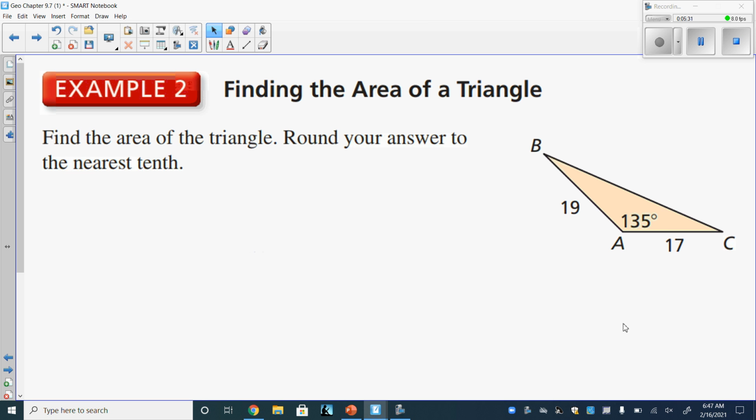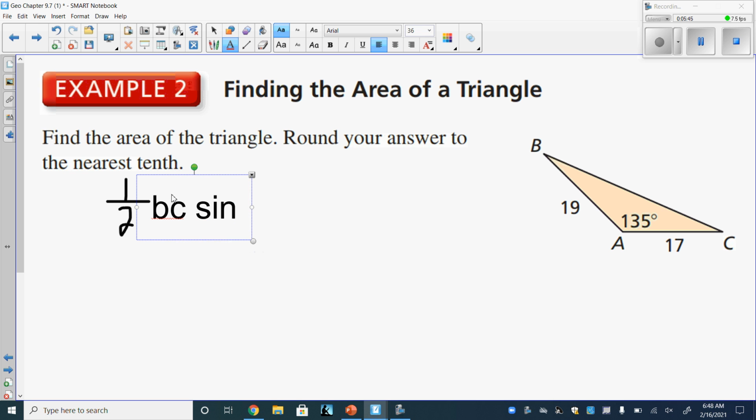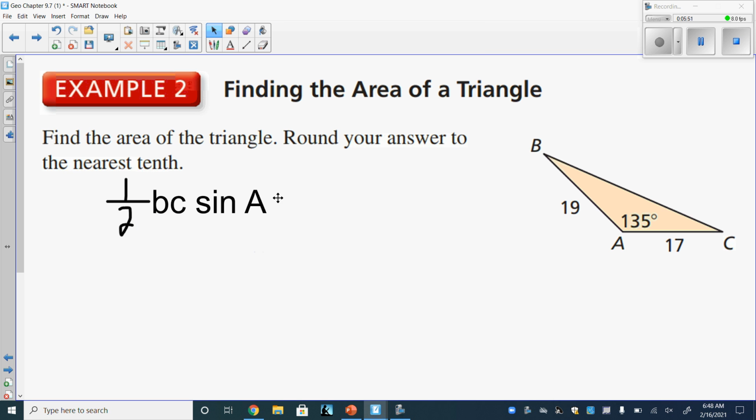So like this first one here, I can use 1/2, and this here would be BC sine of A. We can use this formula here to find out what the area of this triangle is.